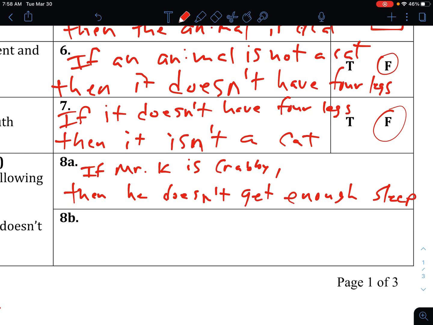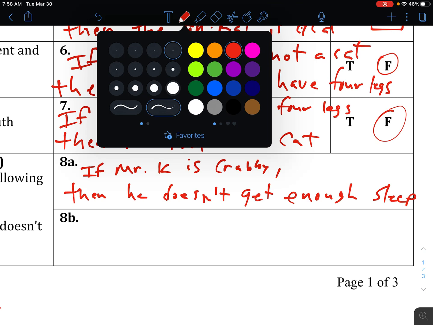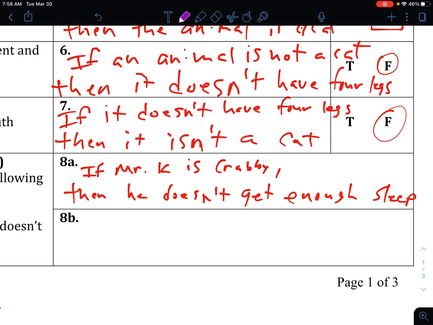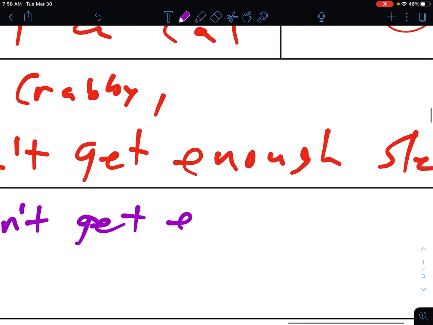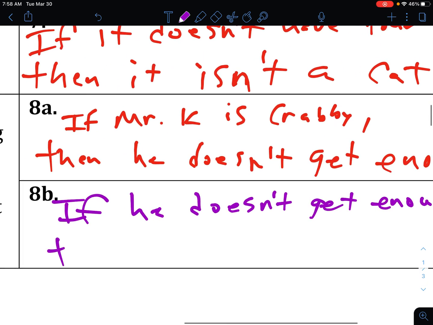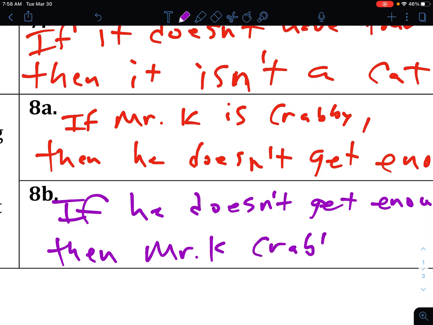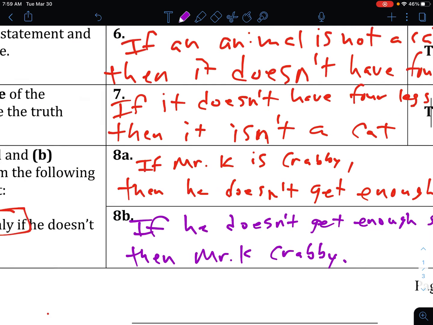And then the idea with the biconditional is both the conditional and the converse statement are true. So I'm going to use a different color for this one. The converse of this then would be if he doesn't get enough sleep, then Mr. K is crabby. You could have written either of the sentences for the converse, the conditional, and then the other one would be the converse. Both are true statements because it was if and only if.